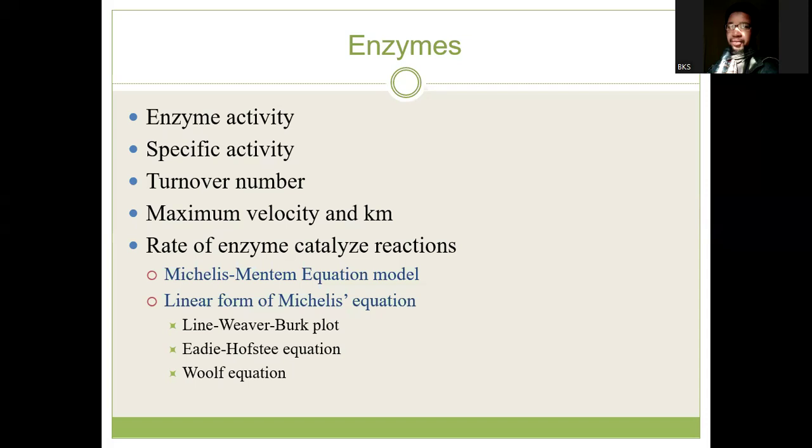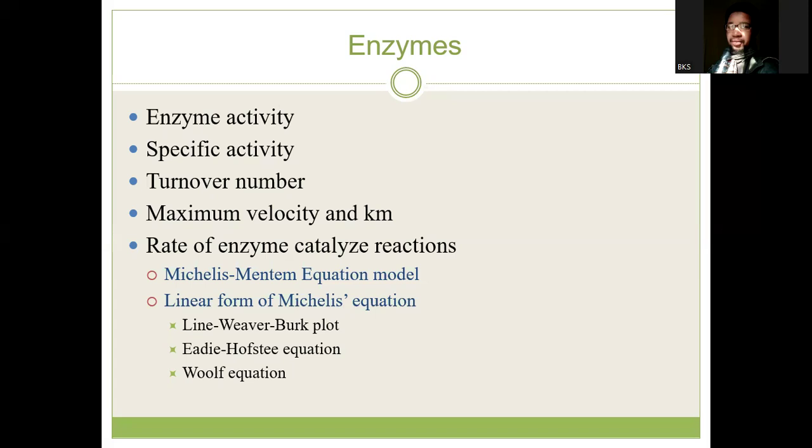In turnover number, we are dealing with the catalytic power of an enzyme. How much substrate will be catalyzed to product by an enzyme per unit time? What concentration of the substrate will be converted to product?